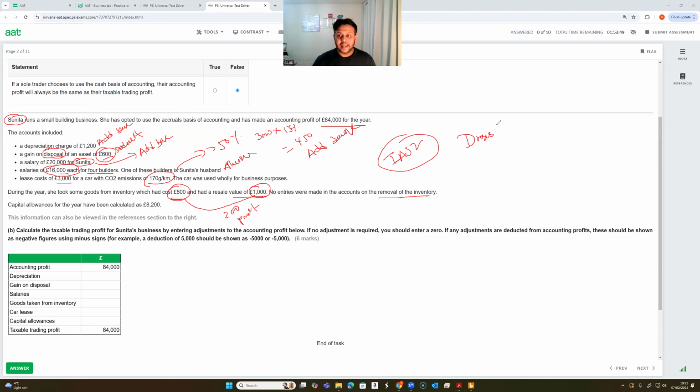So drawings will be 800 debit. At the same time, the inventory or the stock 800 will be credit. That means my drawings will increase, my capital will go down. Drawings is the opposite of the capital. So my investment, the money I have invested in the business, will go down. My inventory will go down by 800.